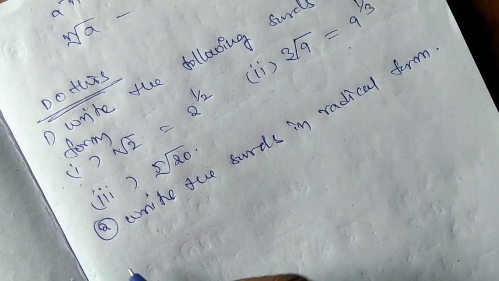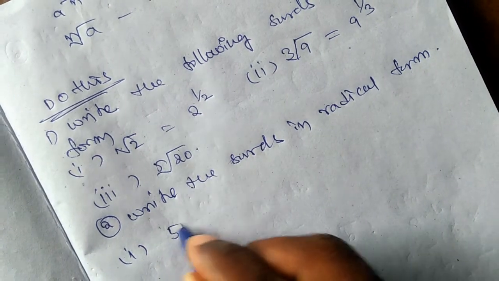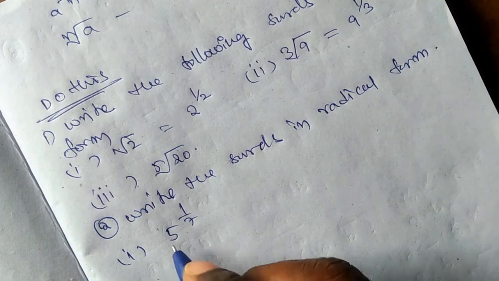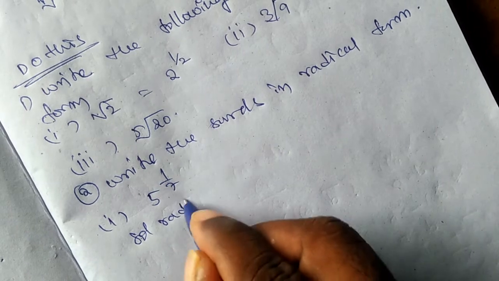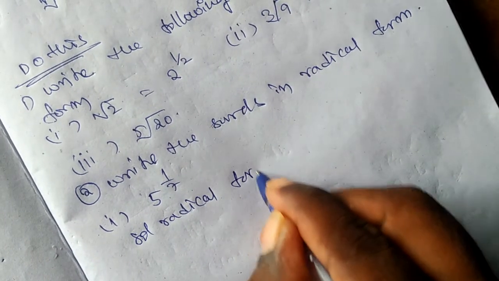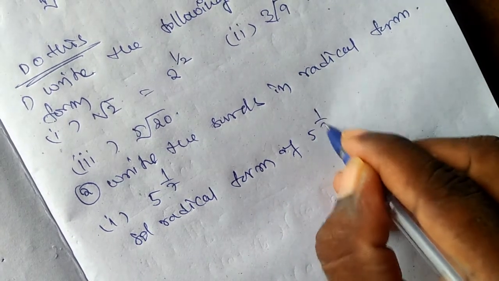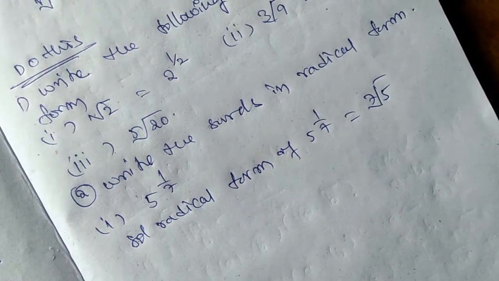First one is 5 to the power of 1 by 7. So it is the radical form. Solution: 5 to the power of 1 by 7 is equal to 7th root of 5.